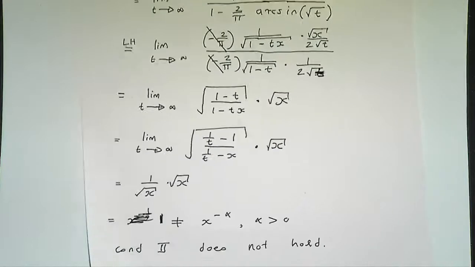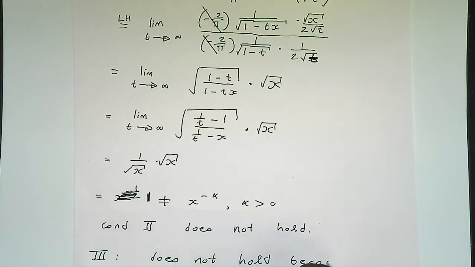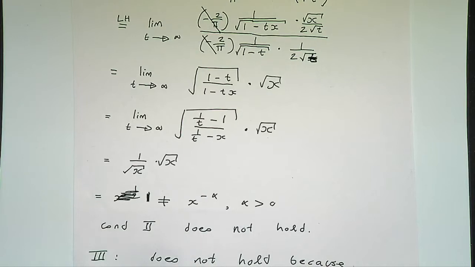Now condition 3 is not going to hold. Condition 3 does not hold because W of f is not finite. I mean, it is infinite actually, so it's not finite.